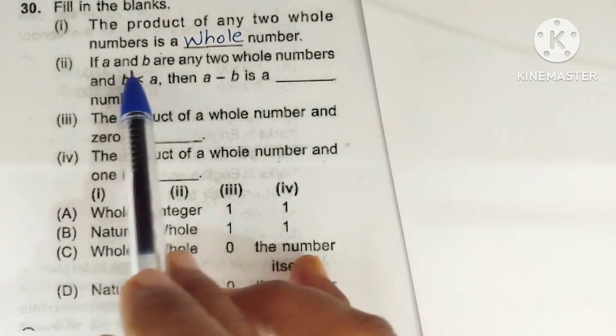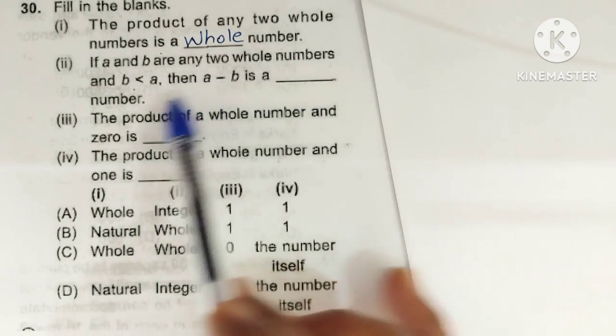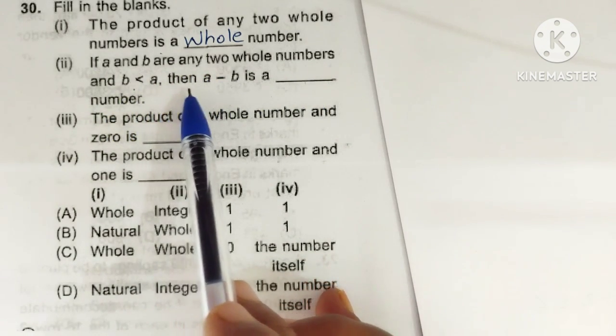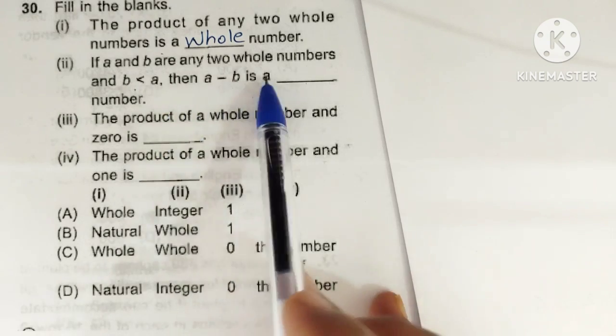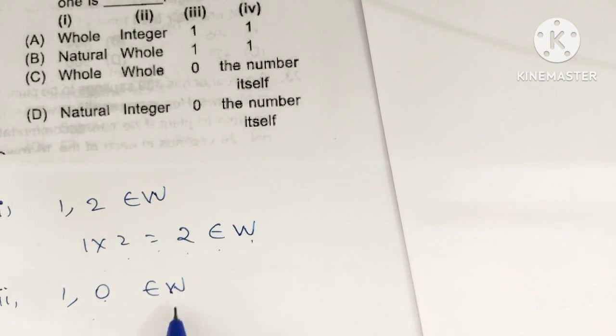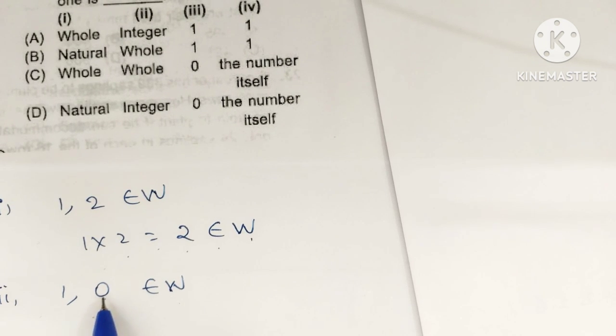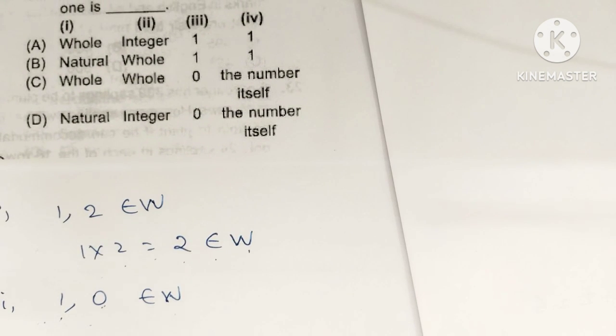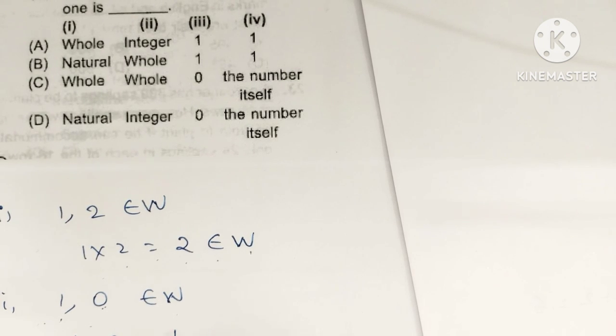If a and b are any two whole numbers and b less than a, then a minus b is a dash number. Let's take 1, 0 belonging to whole numbers, and b less than a. Here 0 is less than 1. So a minus b means 1 minus 0, which is 1.